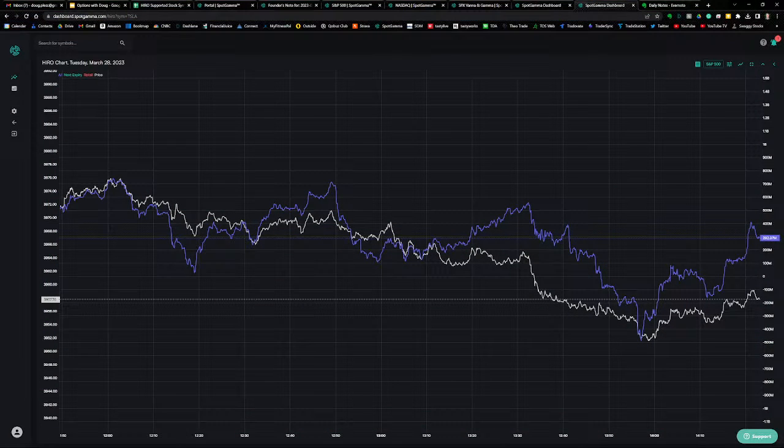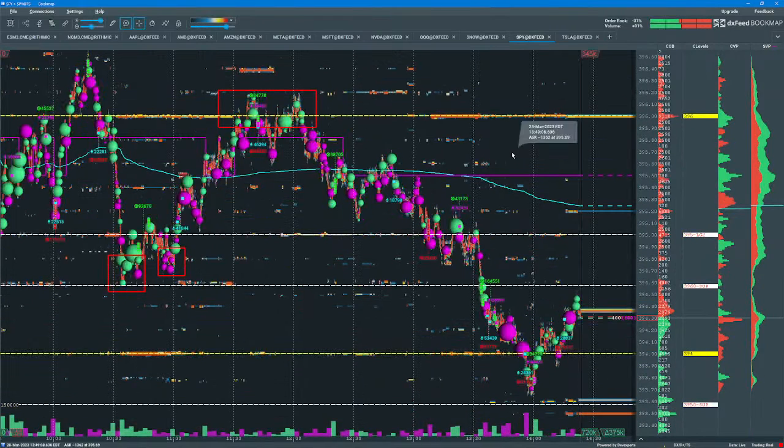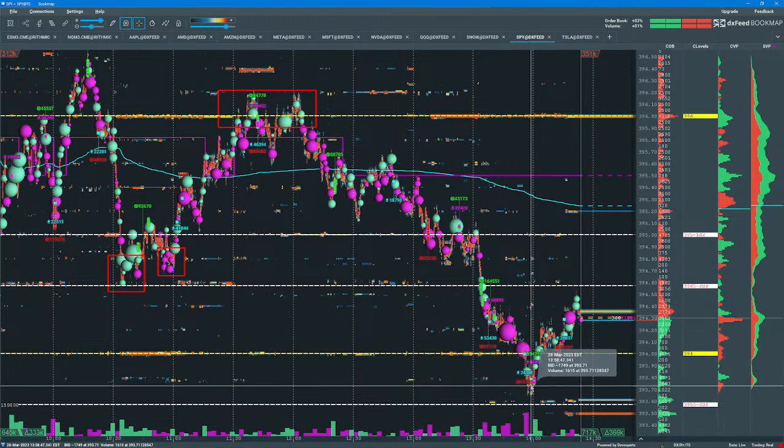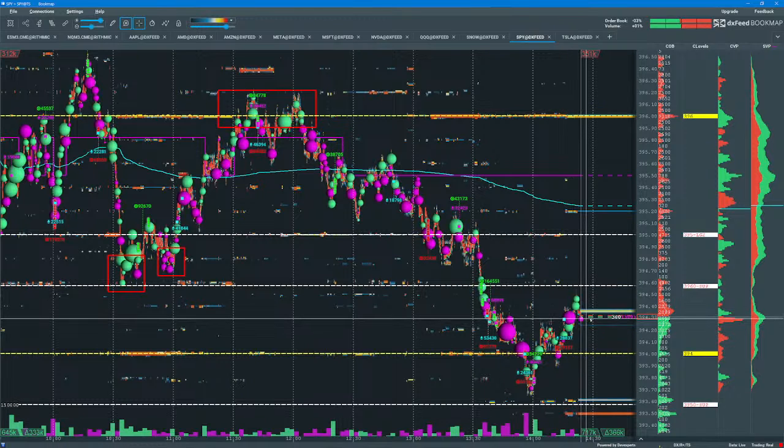Let's go take a look at Bookmap. We'll take a look at SPY. So reversal just above the 3950 level. Again, 3952. Call buyers are winning now.